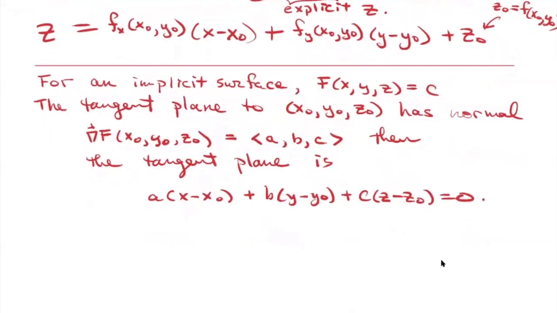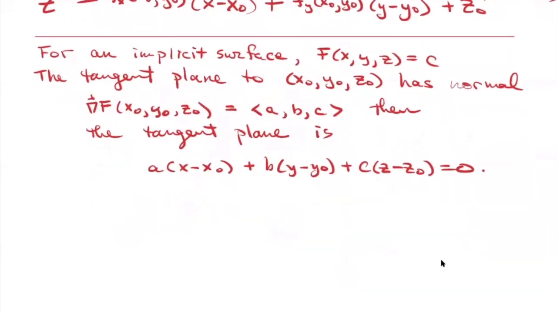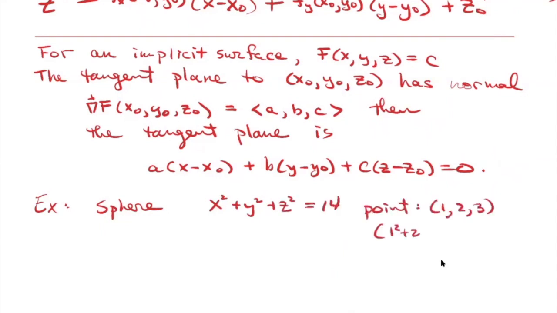Maybe we could do a real quick example and then we've got to take our break. So the simplest, let's just do a sphere. I'm going to do x squared plus y squared plus z squared equals 14. And the point I'm hoping will be 1, 2, 3. Just double check: 1 squared plus 2 squared plus 3 squared better be 14. And it is.